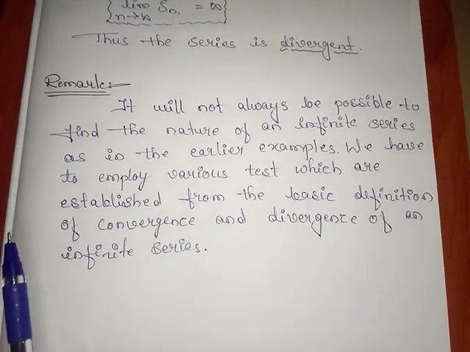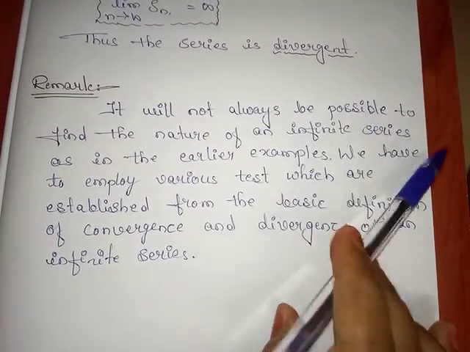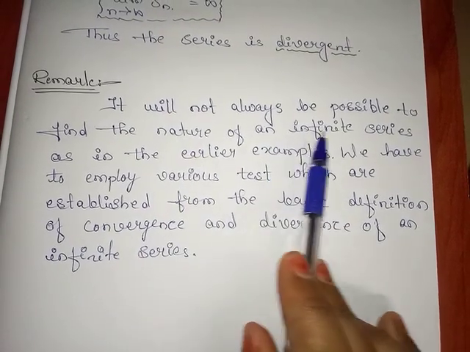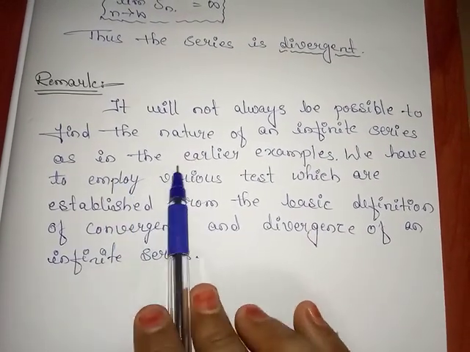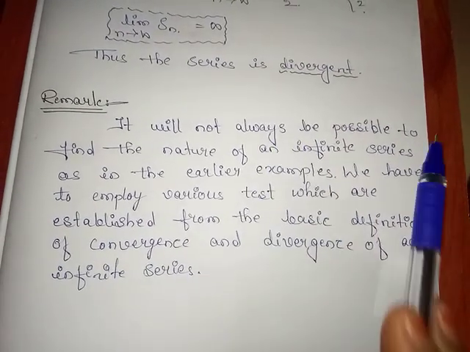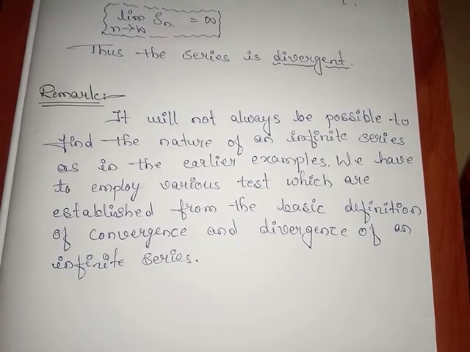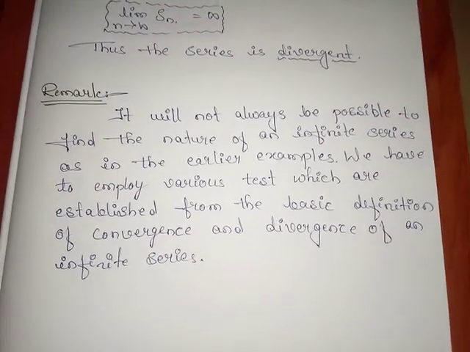Next, we have one remark here. It will not always be possible to find the nature of an infinite series as in the earlier examples. Means we are not able to find the nature of this series for all the examples using the above method.